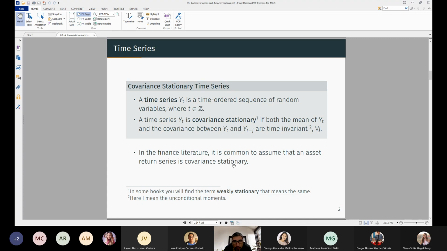In some books, you will find this definition of stationary as weakly stationary. Okay, this is also called weakly stationary. A covariance stationary process is the same as a weakly stationary process.